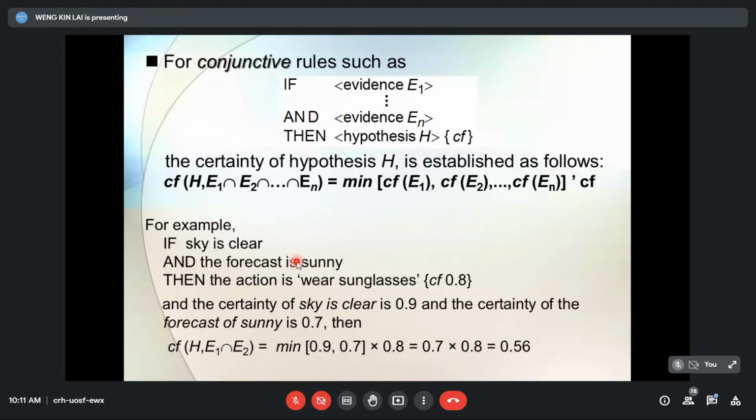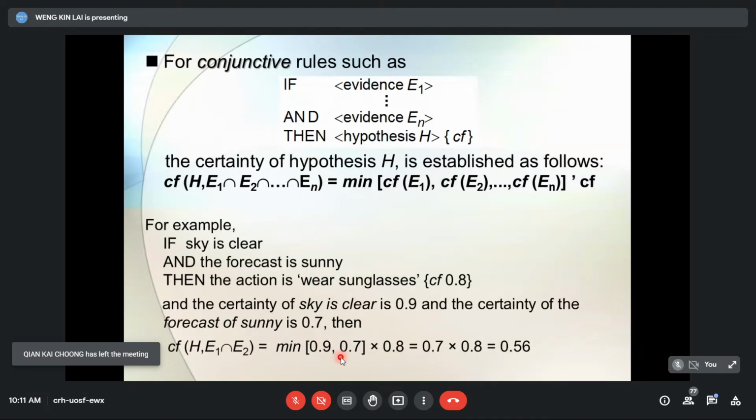So with these two additional evidences of certainty factor of 0.9 and 0.7, then we calculate this, right? As shown over here, how do you calculate? You calculate by taking the minimum of the evidences. And of course, if you sit down and look at it closely, you find that it makes sense, right?